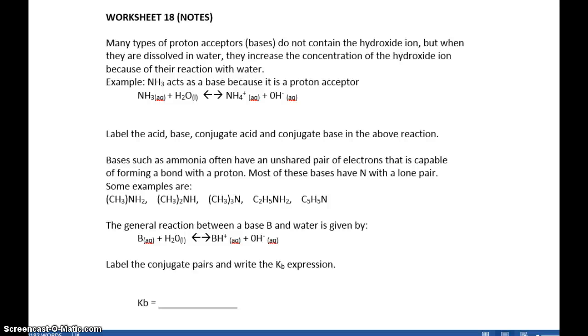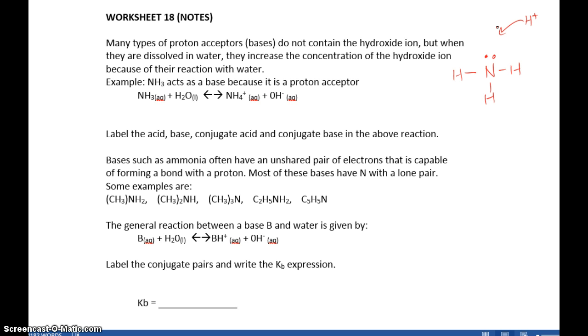Ammonia acts as a base because it's a proton acceptor. If we look at how ammonia is drawn, back to geometry, it's sitting here with that extra pair of electrons. This is where an H+ that has no electrons would just come in and park itself to make NH4+.